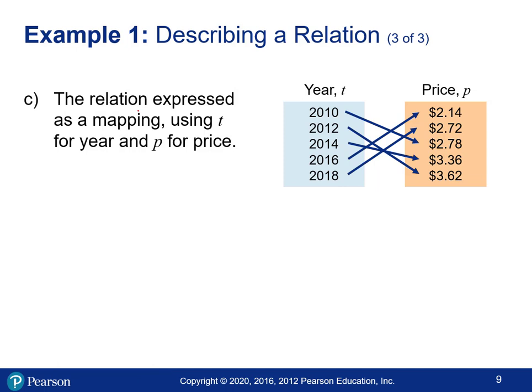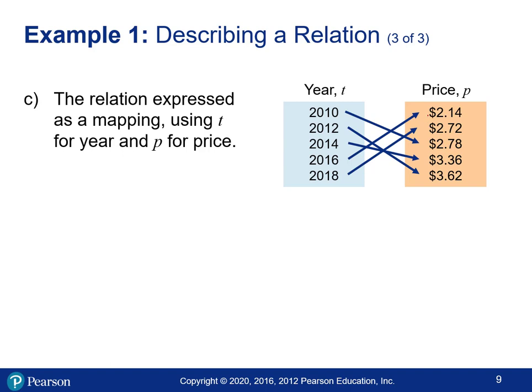And then part C, as a mapping, we're going to use T for the input year and P for the output price. Notice the year column is in order, so it's ascending. The arrows can look crazy depending on what you do with the price column.